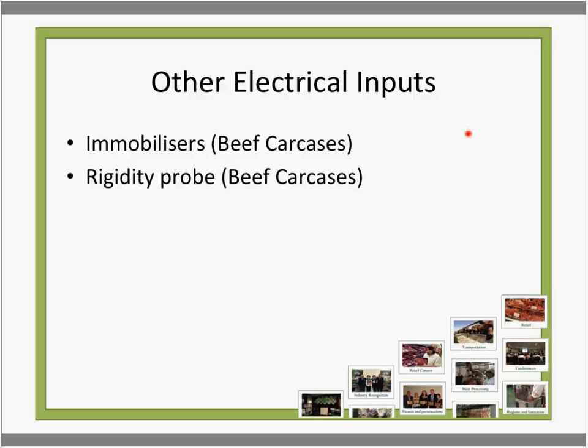The other one being used is the rigidity probes around hide pullers, which means whatever stimulation you're using is consistent. If you're only using them on animals with a lot of involuntary kicking, you're then changing the level of stimulation.